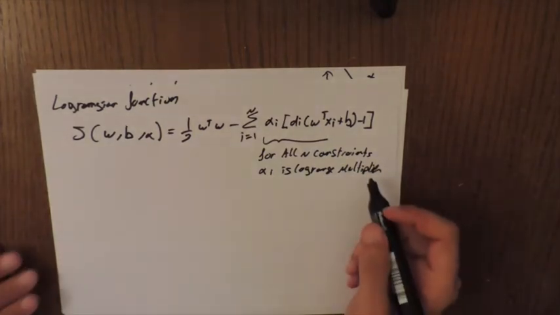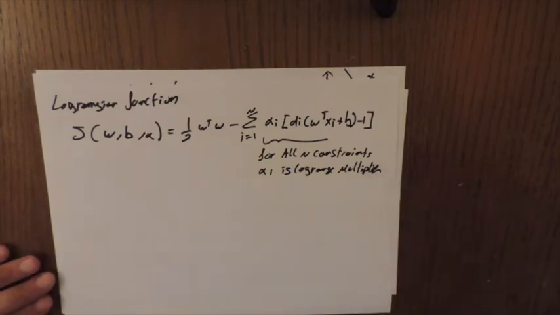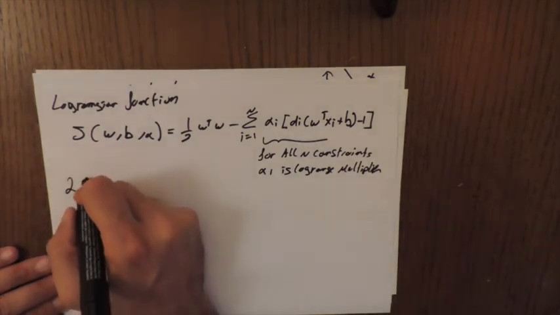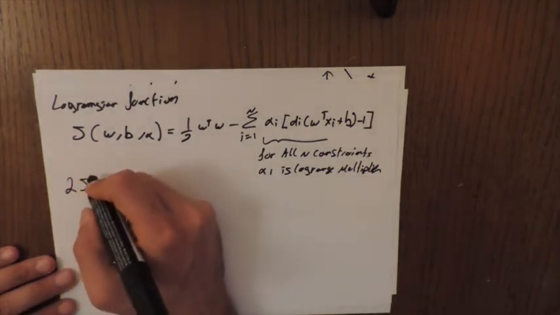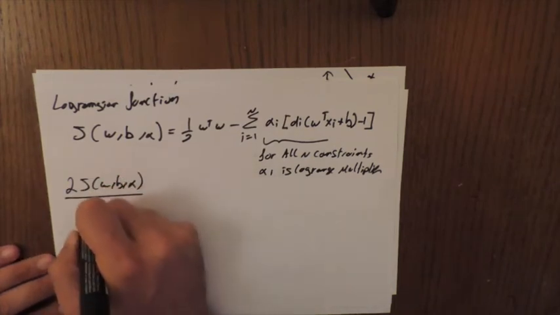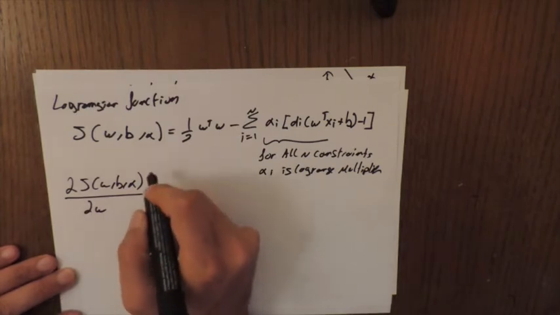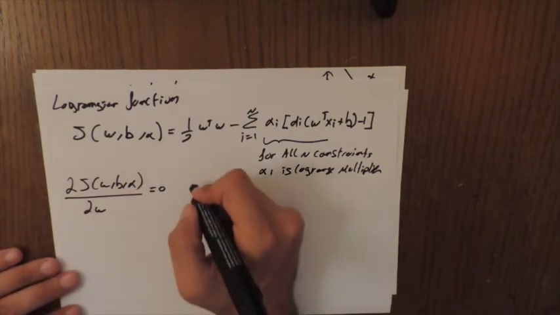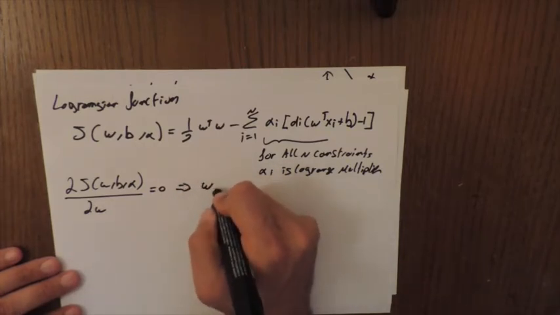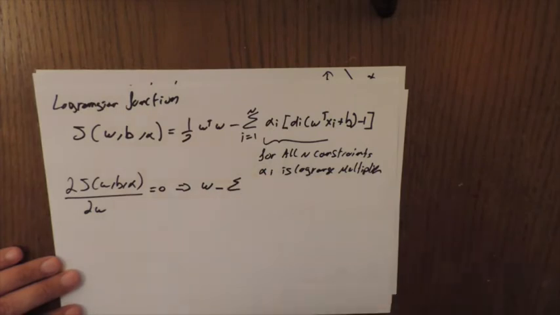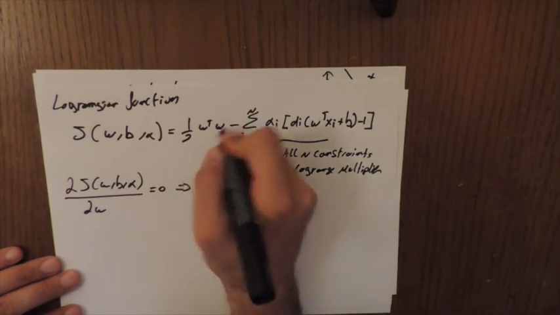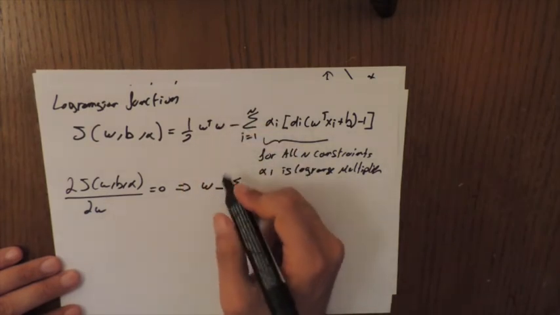To solve this, we need to take the partial derivative and equate it to 0. So we take the partial derivative of the Lagrangian function. First, we take it with respect to our first variable, which is w, and set it to 0. This is condition 1. So this is equal to the weight minus, since we're differentiating with respect to w, the half goes, and we have just the w.